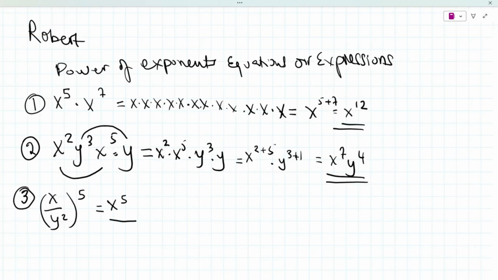And this will be divided by y to the power 2 to the power 5 means y to the power 2 times 5. So this will give us x to the power 5 divided by y to the power 10.